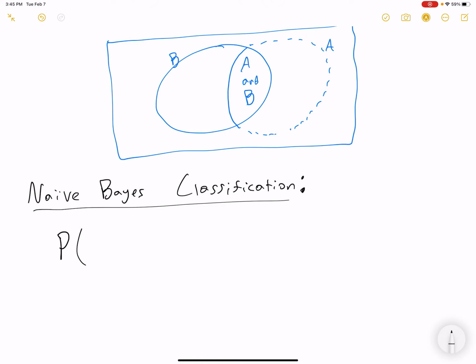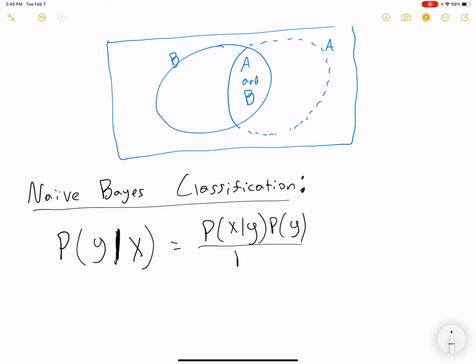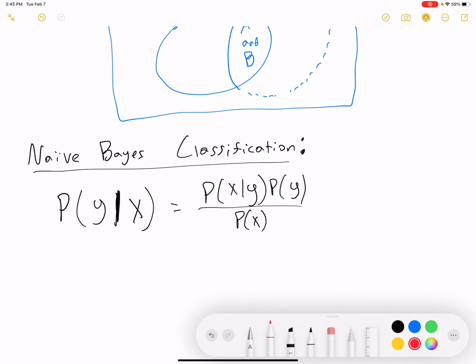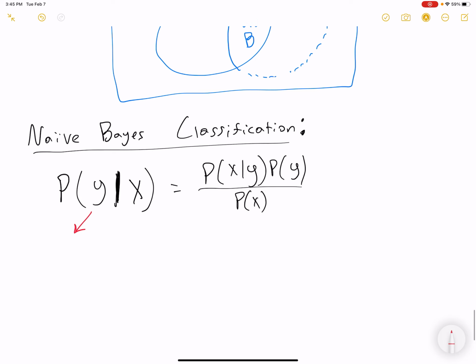In particular, we model the probability of our output given our data, which according to Bayes' rule is that equation. And so we're modeling the probability of each output class given the data values. And in naive Bayes classification, you simply predict the class with the highest probability.